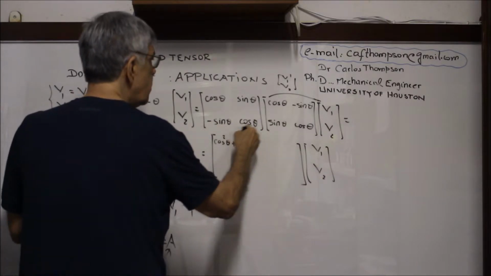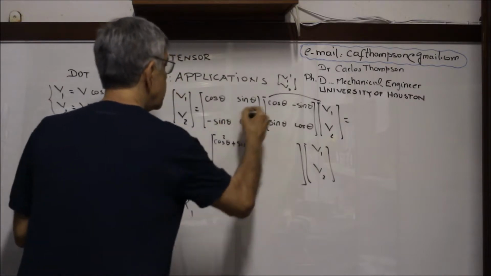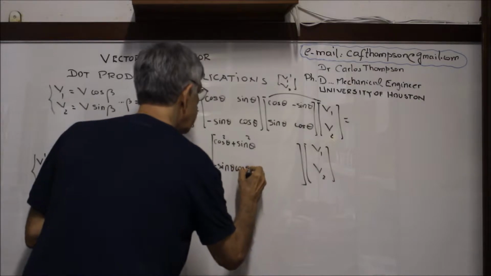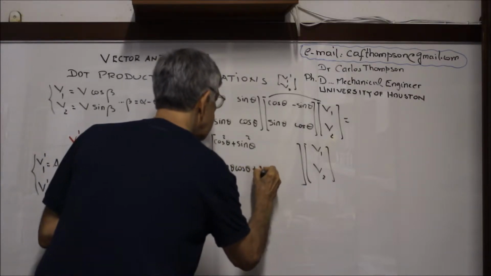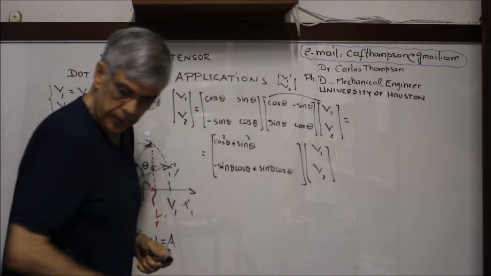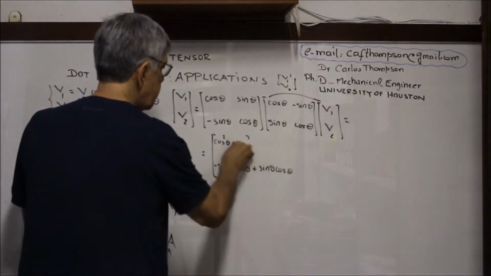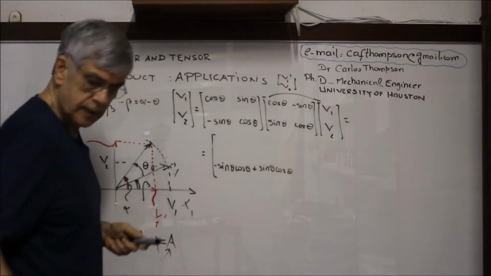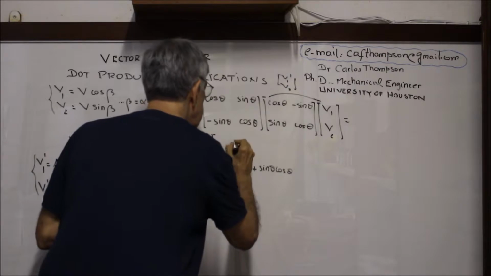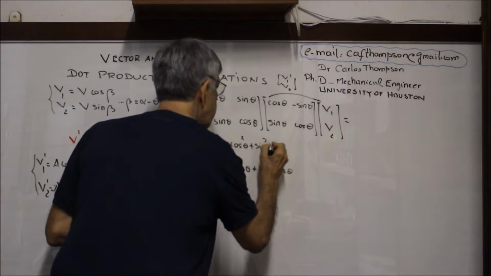Now, second row and first column, so this is minus sine theta cosine theta plus sine theta cosine of theta. Let's erase here and make this matrix bigger. I'll put here cosine square of theta plus sine square of theta.